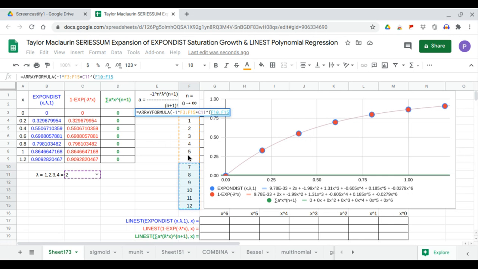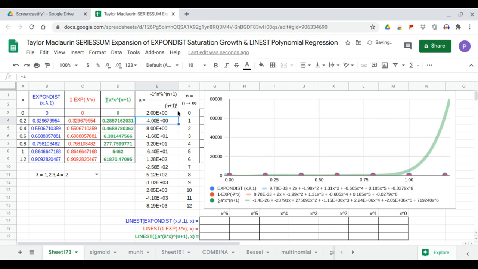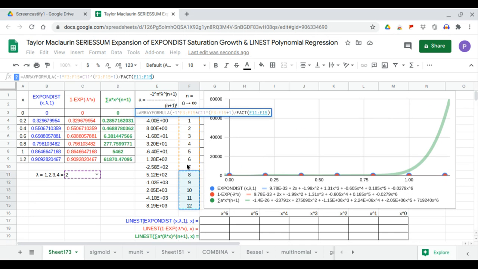So n plus 1. So that's the numerator. Let's enter for now. Then we factor in the denominator. All over factorial n plus 1.